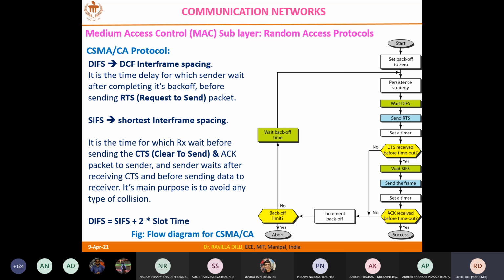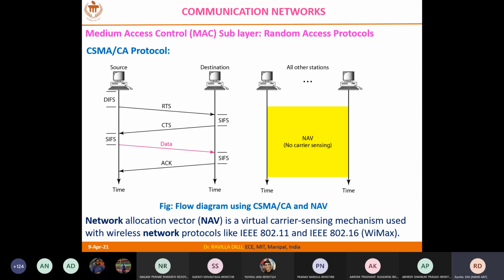Okay, so let me pose a question. Being a sender, you know that when you want to send request to send to the destination, you are waiting for DCF IFS, in short, DIFS time. After sending request to send, the destination is waiting for some amount of time before giving a clear to send.